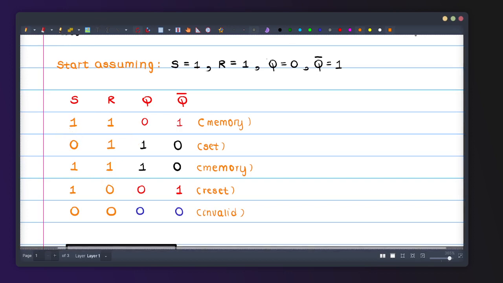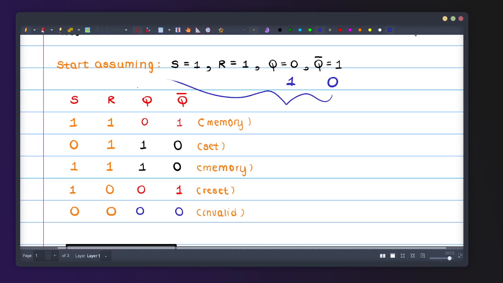Right? And it's very important that you realize that you need to give the gate a starting configuration, which could be 1101 in this case, but it doesn't have to be 1101. It could also be 1110, which is also another perfectly valid memory state, right? It's another configuration that the SR flip-flop could be in if S is 1 and R is 1, right?